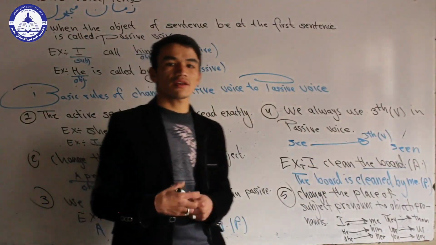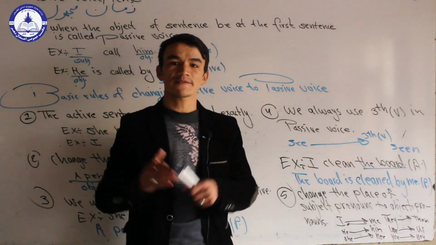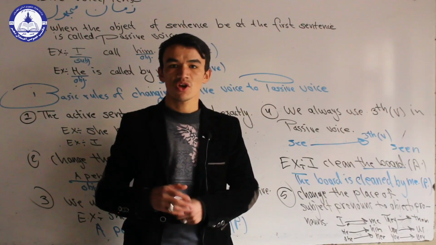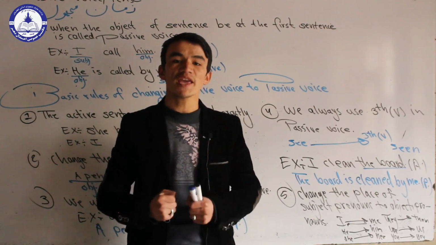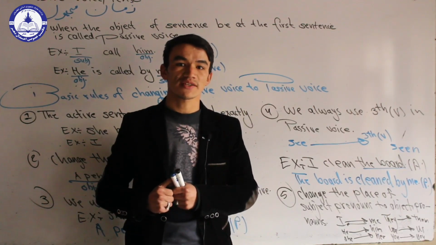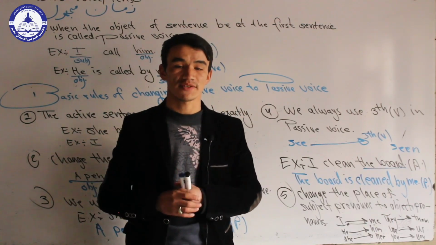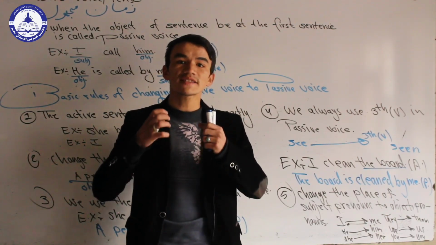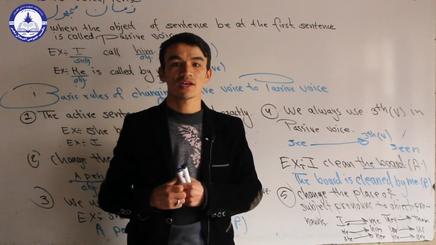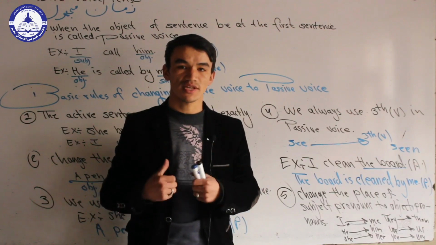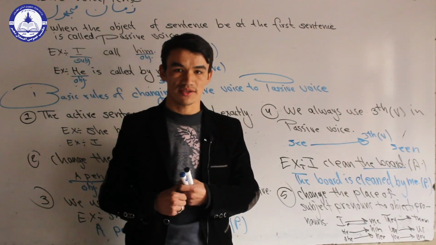The most important point in passive, I mean in changing from active to passive, is that we must pay attention to this point: we should not mix the conceptions of both tenses. It means the conceptions will not be changed, just the forming of tenses will be changed. So it is very necessary for everybody to change them.